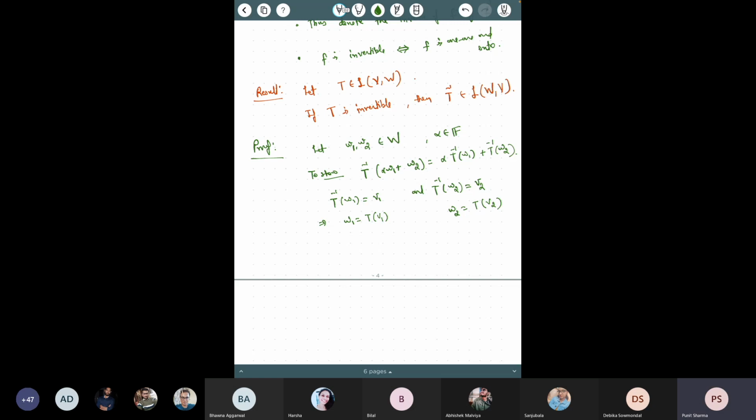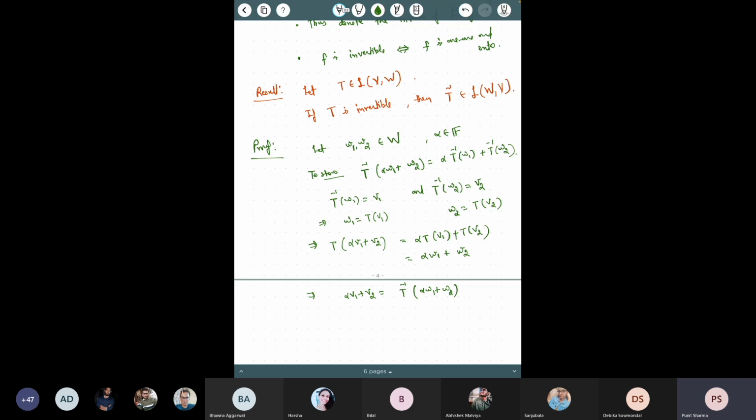Now if I look at T of (alpha v1 plus v2), I know that T is linear, so I can use the linearity of T. It would be alpha times T of v1 plus T of v2. But T of v1 is just w1 and T of v2 is w2. I also know that T is invertible, so if I take the inverse of alpha v1 plus v2, it would be T inverse of (alpha w1 plus w2).